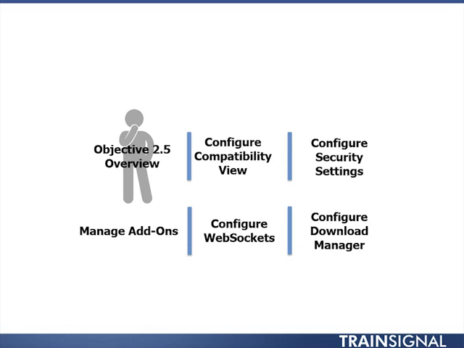Configure security settings, which is really important because Internet Explorer by default is configured to be very secure, which is good, except that it's so secure that some older websites won't work properly. This is closely related to compatibility view because basically you would change the configuration settings to fix something that was designed for an earlier version of Internet Explorer.